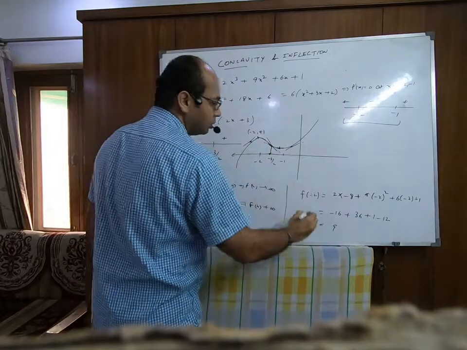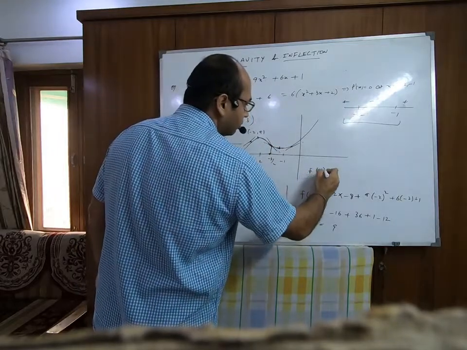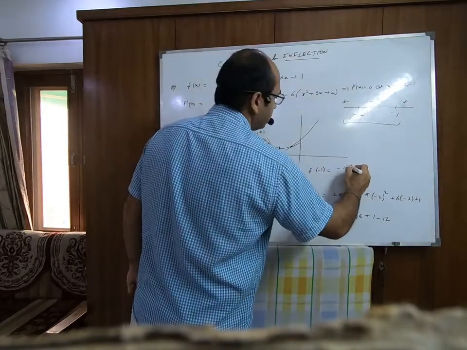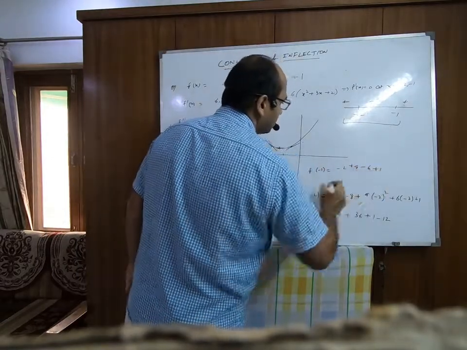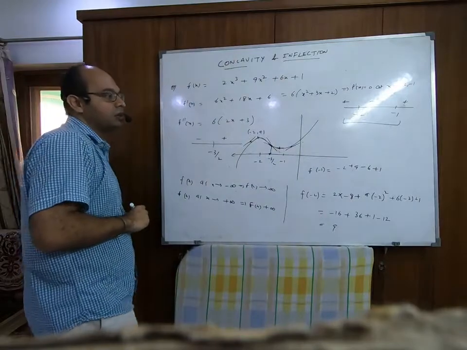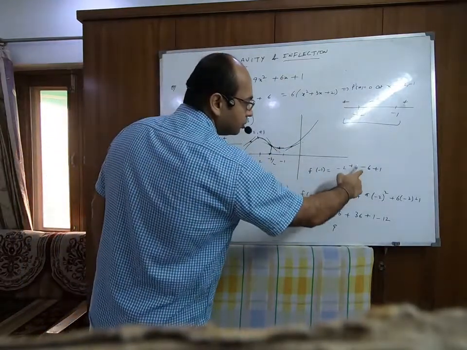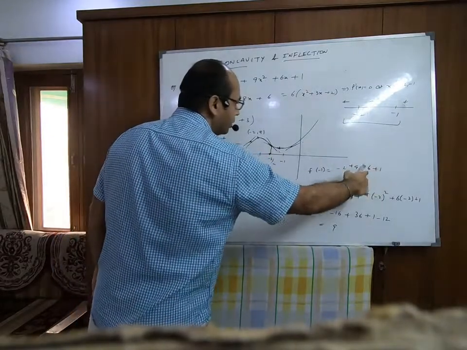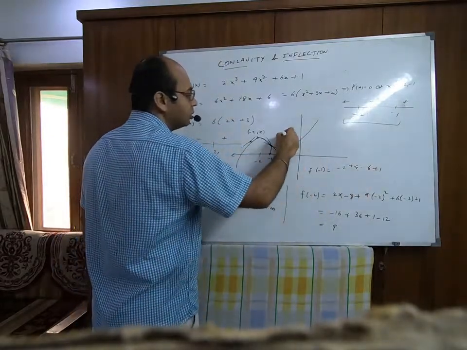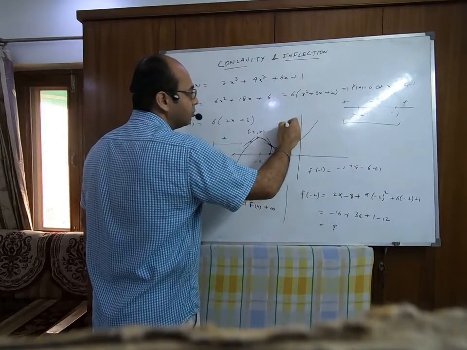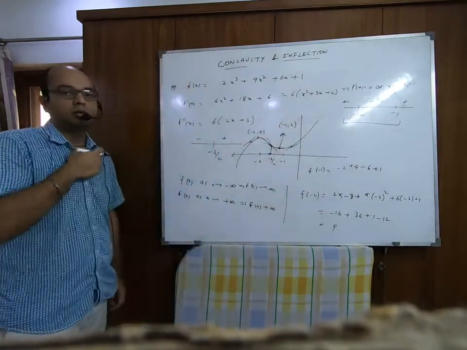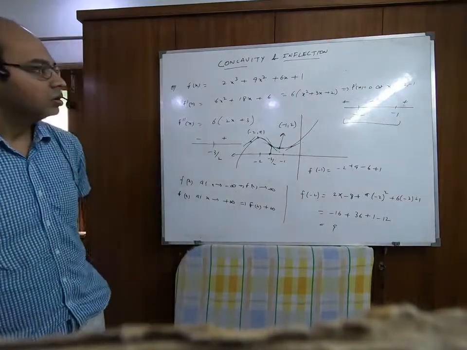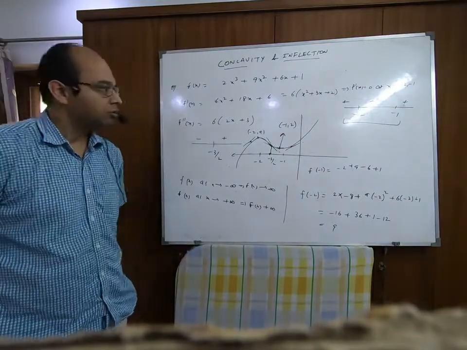At -1 also I can see f of -1 will be -2 plus 9 minus 6 plus 1. That is a positive value, that is equal to 2. Right? 9 and 1 is 10, 10 minus 8 is 2. So this point is -1 comma 2.